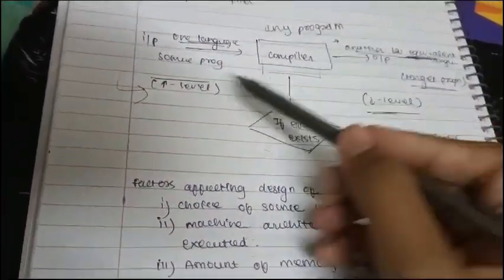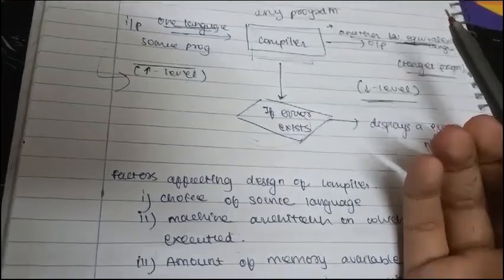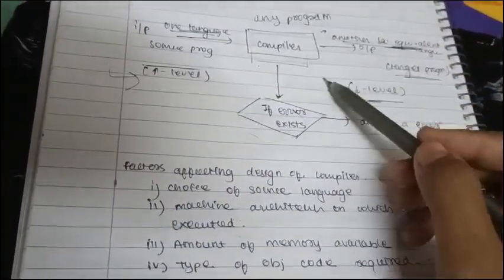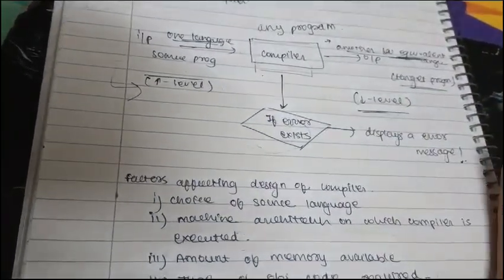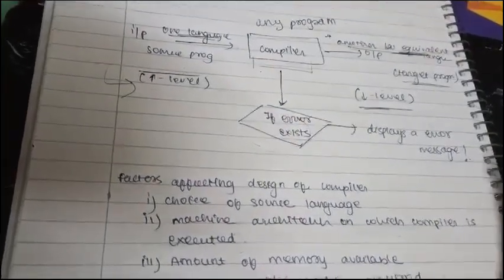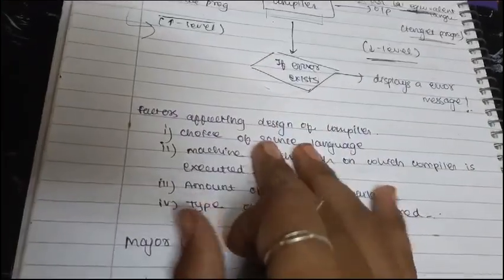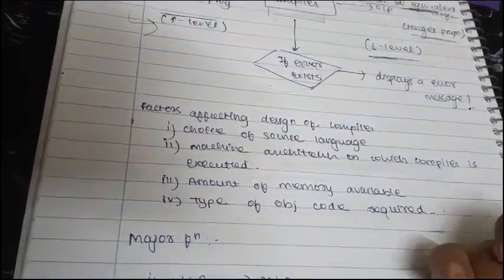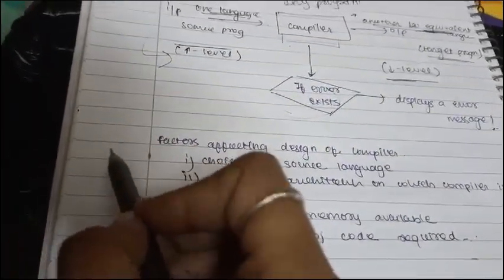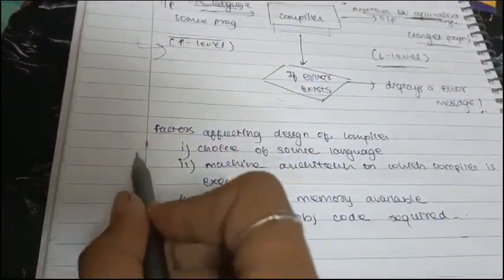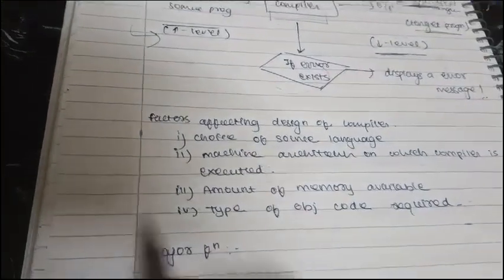The third thing is the amount of memory available. Then the type of object code required by the target as an output. This factors affecting design of the compiler is not much asked, but sometimes it may be asked as a 3-mark question, so you can just write these 4 points.